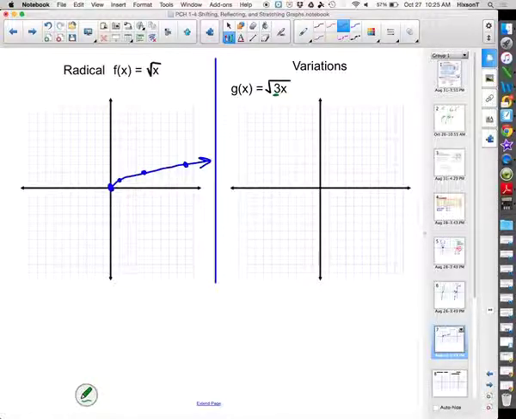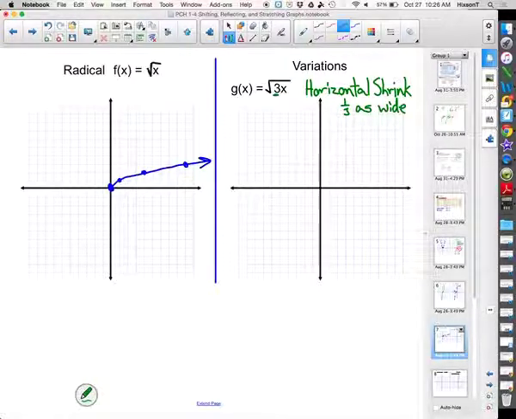So what's going to happen to how wide it is? 1/3 as well. It's 1/3 as wide, okay? Or in other words, all of your x coordinates are going to be divided by 3.